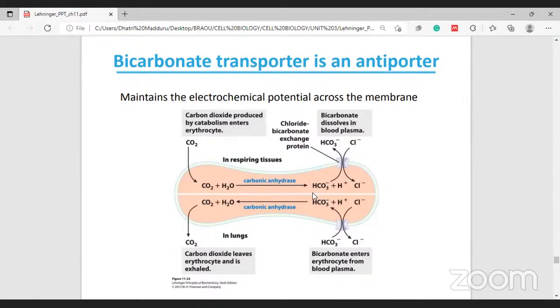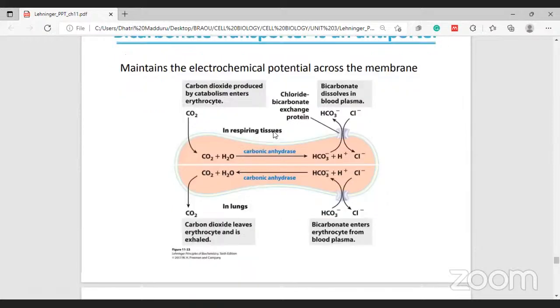Now this bicarbonate will be released outside. You have a chloride bicarbonate exchange protein here, so the chloride enters inside. Here an antiporter system is functioning: chloride is entering inside and bicarbonate is going outside the cell. When carbon dioxide enters, bicarbonate is released. That means it is antiporter in nature.